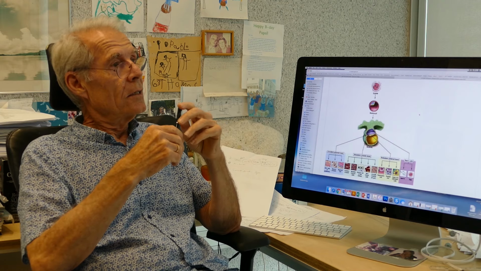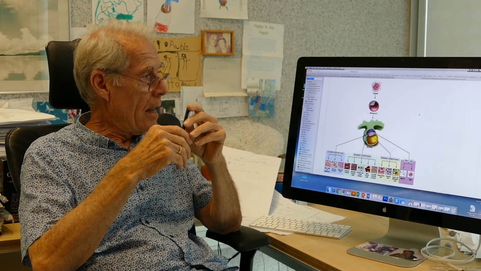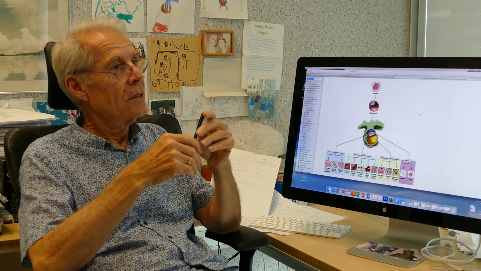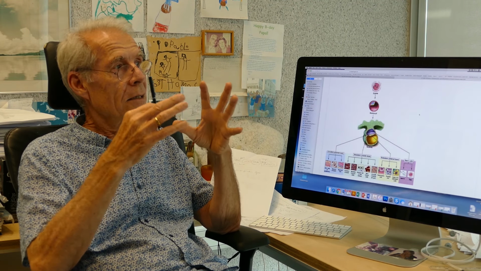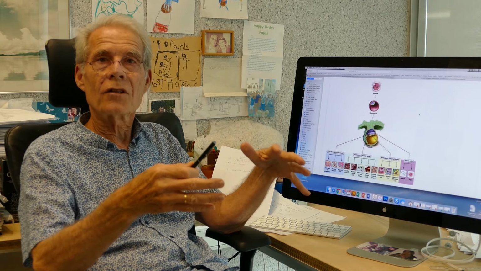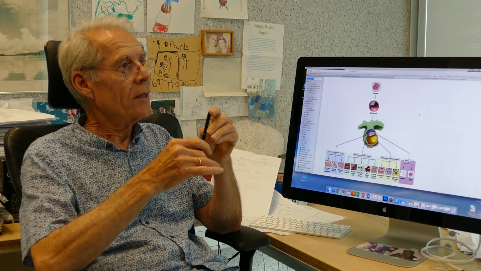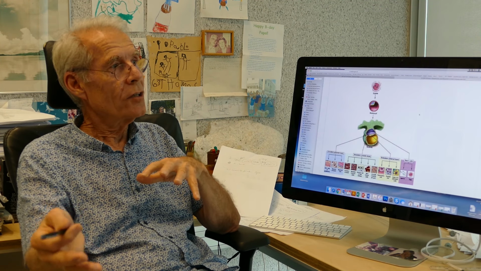And this gene, when we destroy it in embryonic stem cells, makes the cells get stuck in the primitive state, and it also affects the way they differentiate.